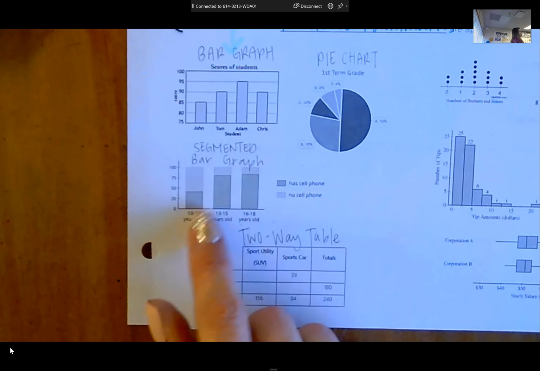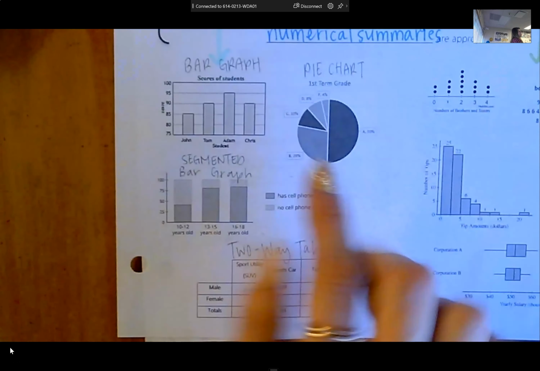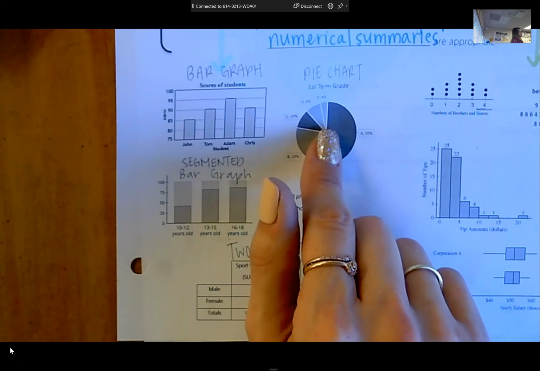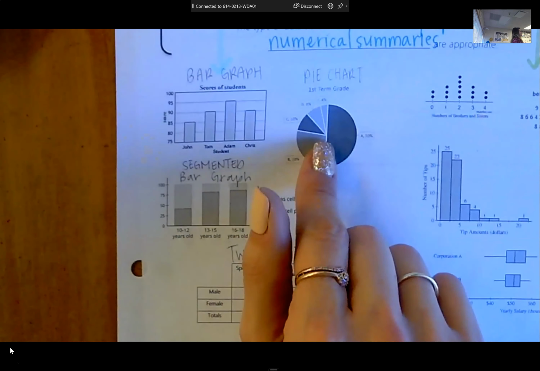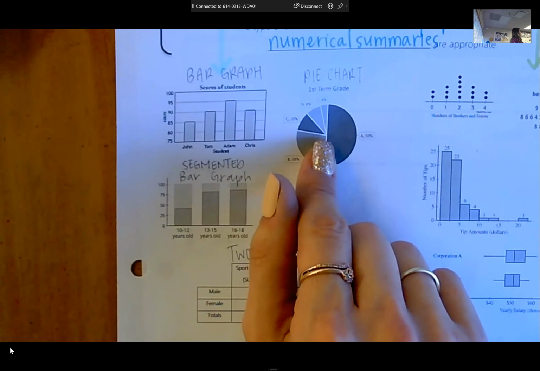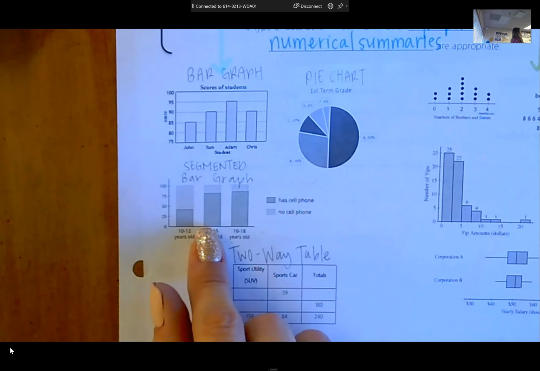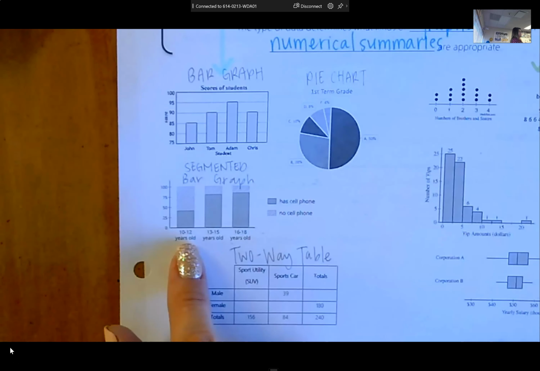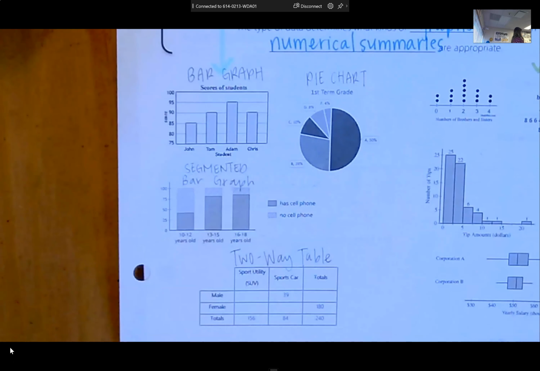In this case, your category, so I should have mentioned this on all of these. Here, this was from last year. This is the breakdown of ABCs for first term for AP Stats. So my categories are letter grade. Here, your categories are age group. So 10 to 12, 13 to 15, 16 to 18.